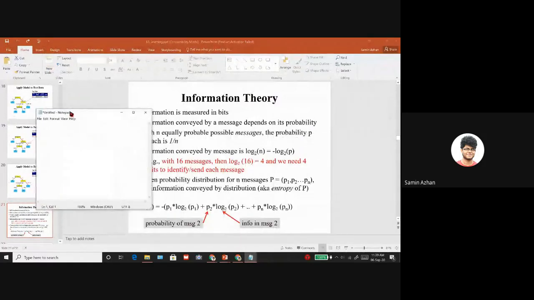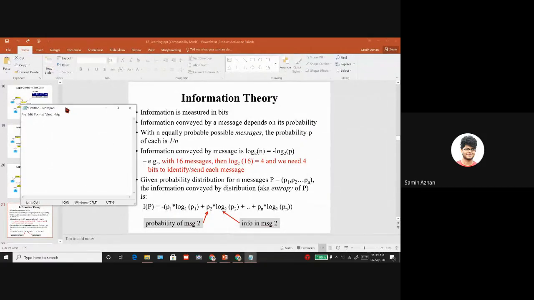What this basically is saying is that to represent any kind of information, how many bits do we need? In this example, it says if there were 16 messages, we would need 4 bits.